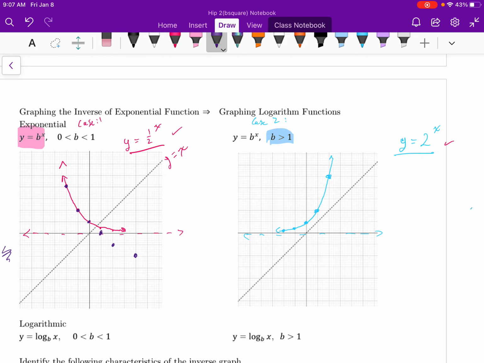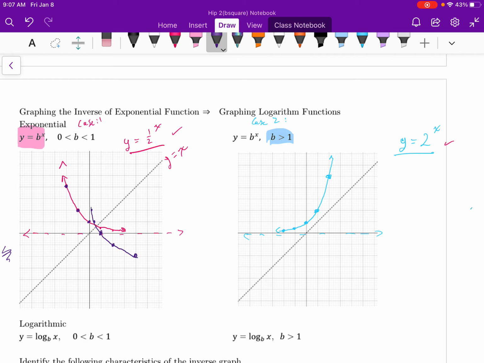Continue on. (1, 1/2) becomes (1/2, 1). We can go to (2, 1/4) to (1/4, 2).